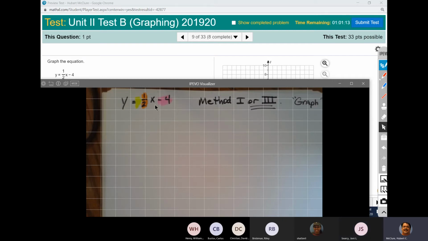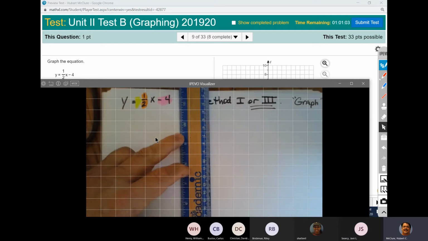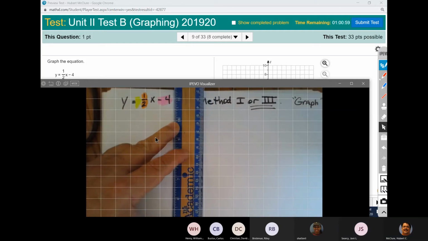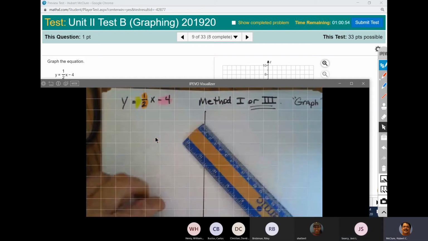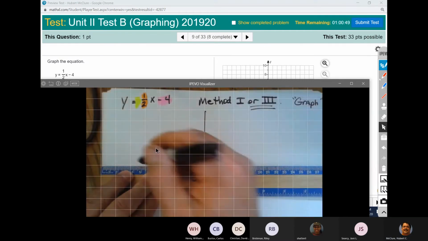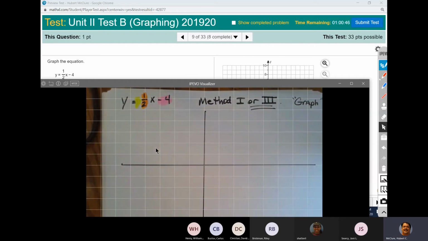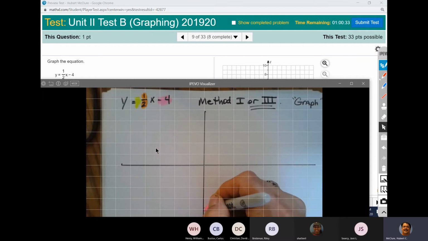Okay, here we go. I'm doing this because people need to know how to do this, so I'm going to draw this one. There's the line. And I'm going to draw my y-intercept at -4. 1, 2, 3, 4.